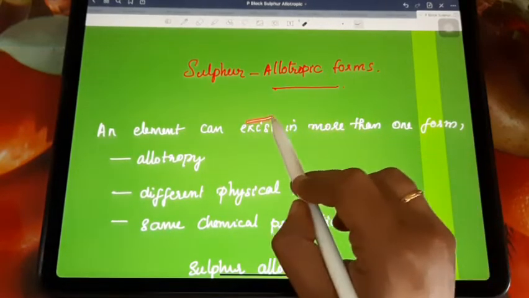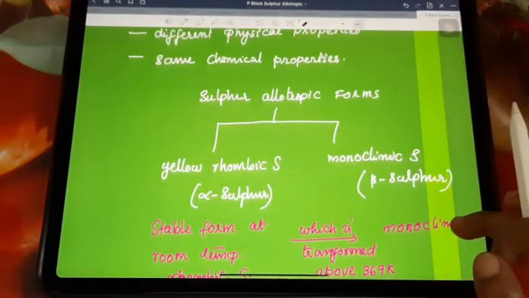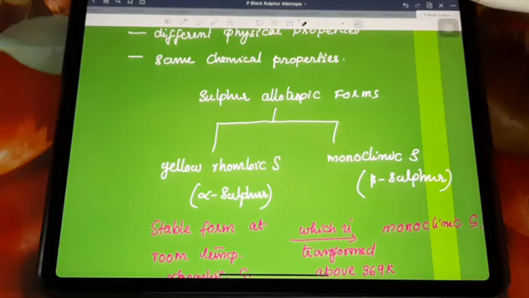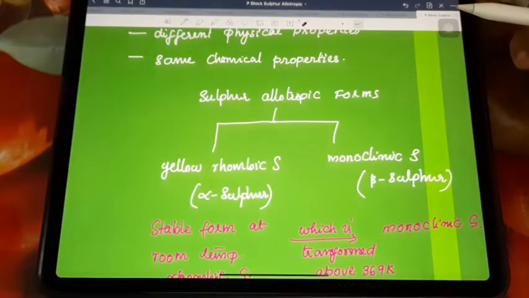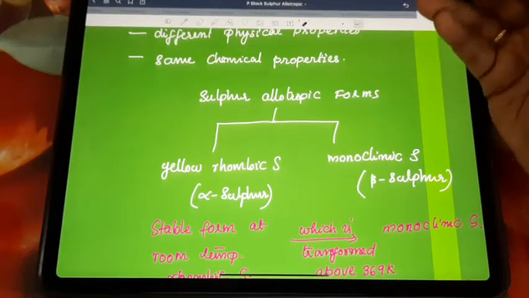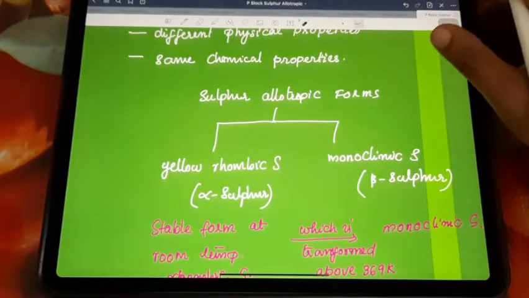Alpha means rhombic sulfur and beta means monoclinic sulfur. So only about these two allotropic forms we will be discussing today. Both have different physical properties, but the same chemical properties.